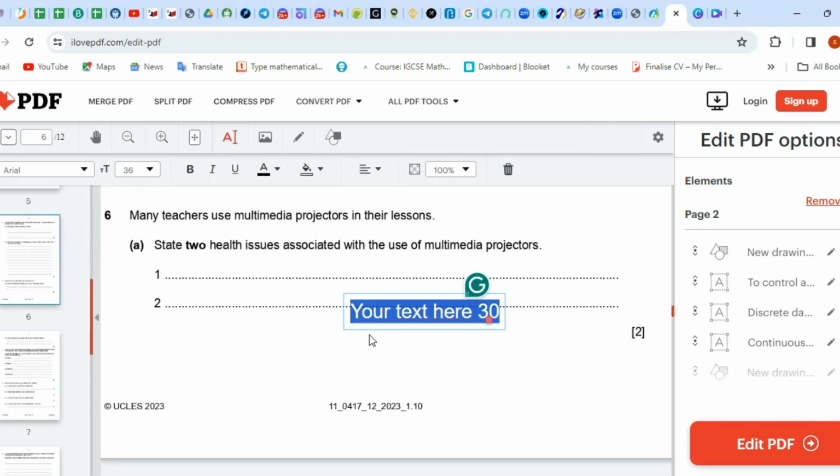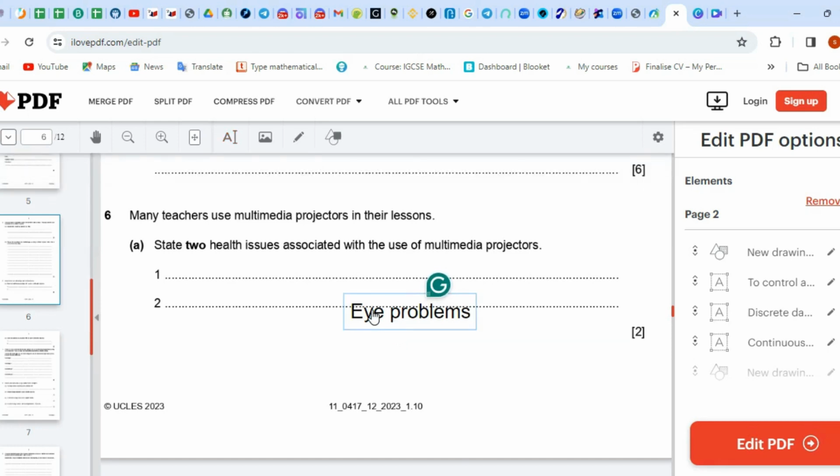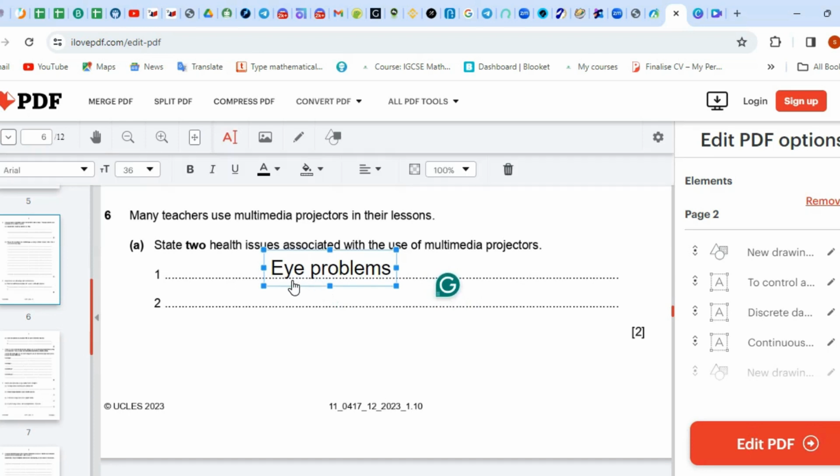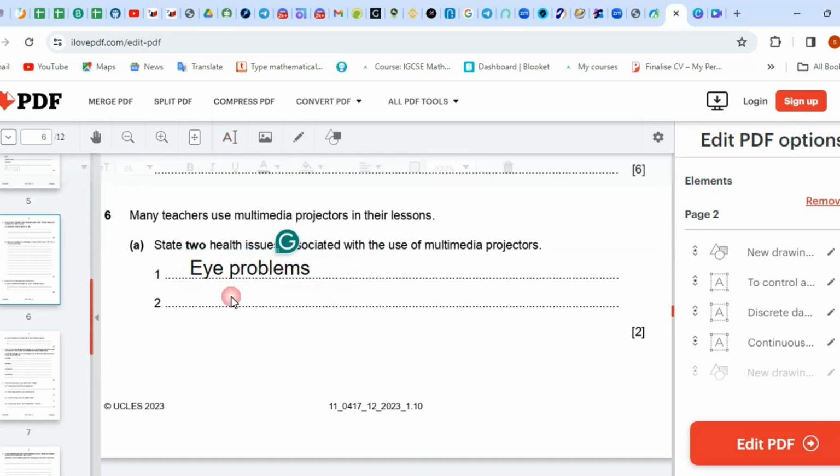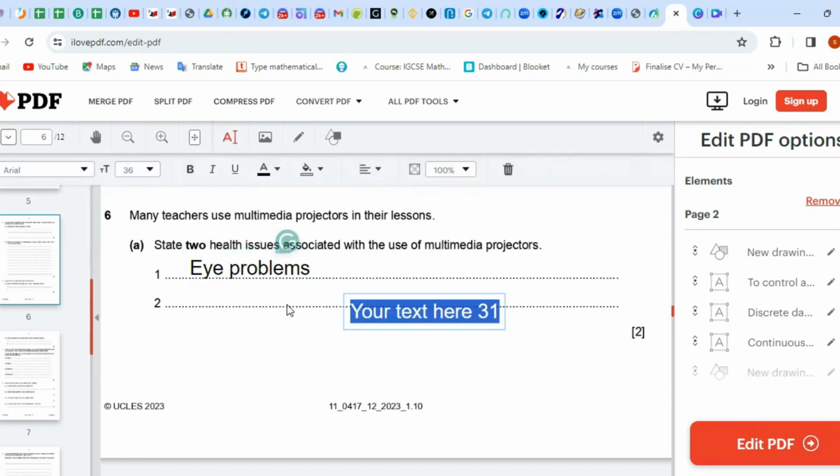One is eye problem, because you continue to stare at it from morning to night. Eye problems. That's number one. Another health issue is what? Headaches. See, when you start staring at a screen for a long time, you start having headaches.